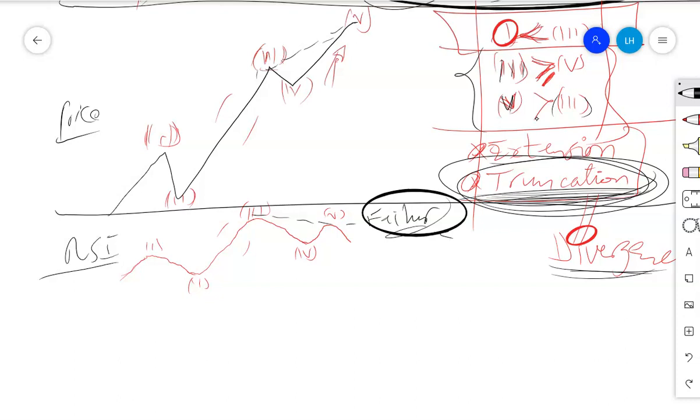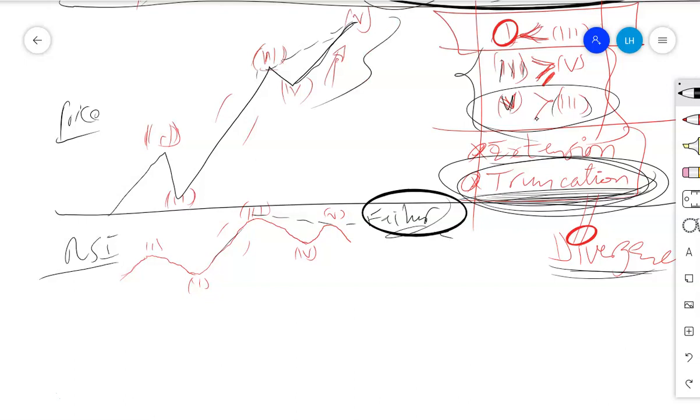But sometimes you'll find, in the second case, when the fifth has got greater volume, when the force that drives price in the fifth wave is greater than the one that was driving price in the third wave, it is when the fifth is extended.